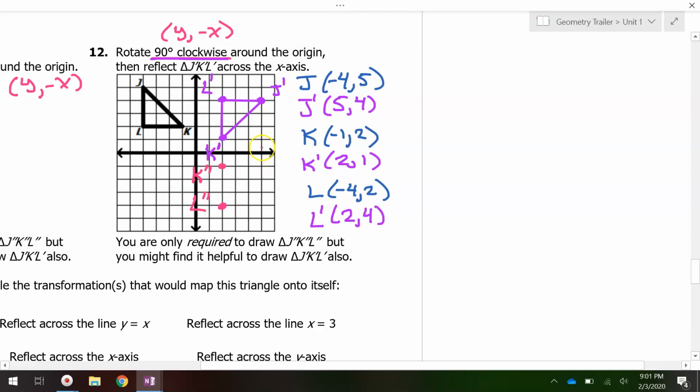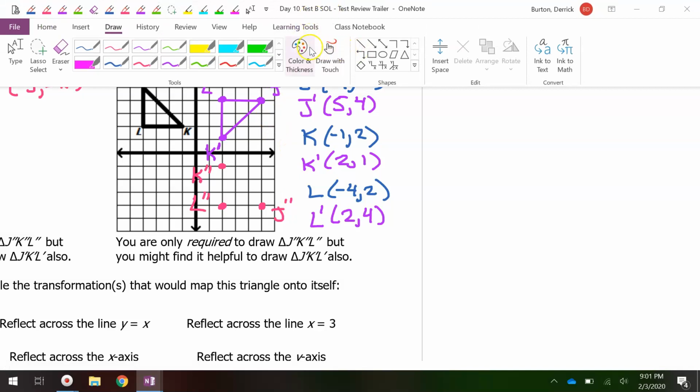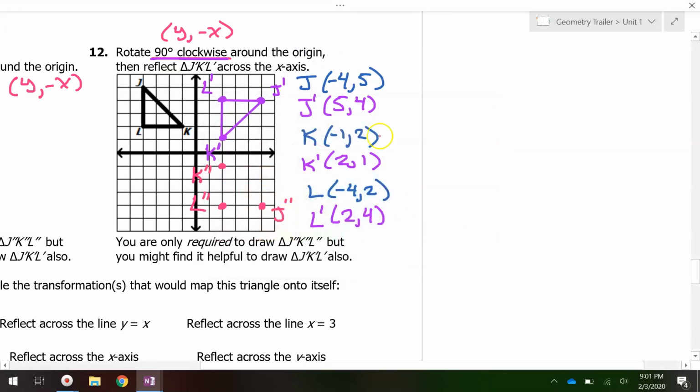And similarly, J prime is 4 above, so J double prime will be 4 below. And give me a second to connect those dots. All right, so there is the reflection over the x-axis, so this will be the final answer.